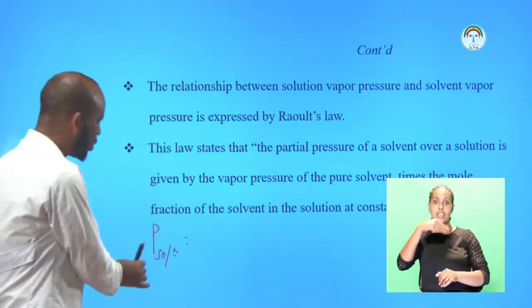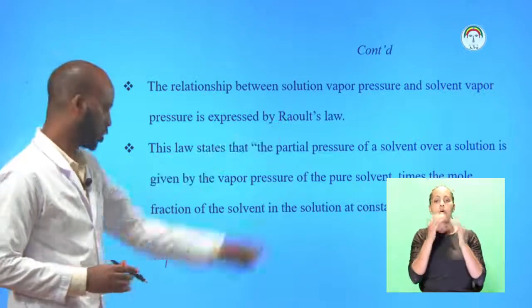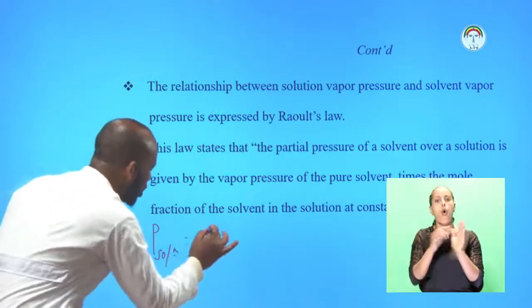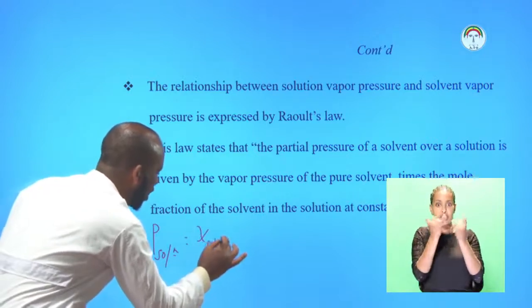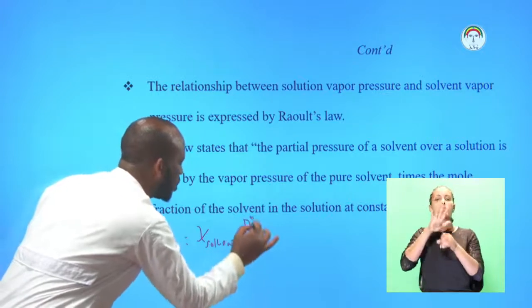Therefore, vapor pressure of a solvent over the solution, according to Raoult's law, equals mole fraction of the solvent times vapor pressure of a pure solvent.